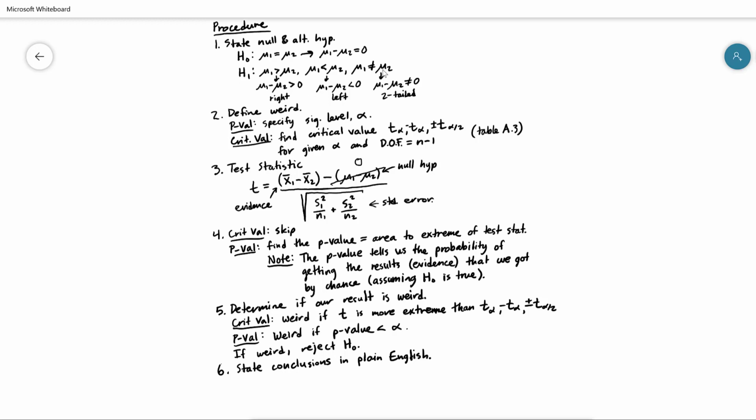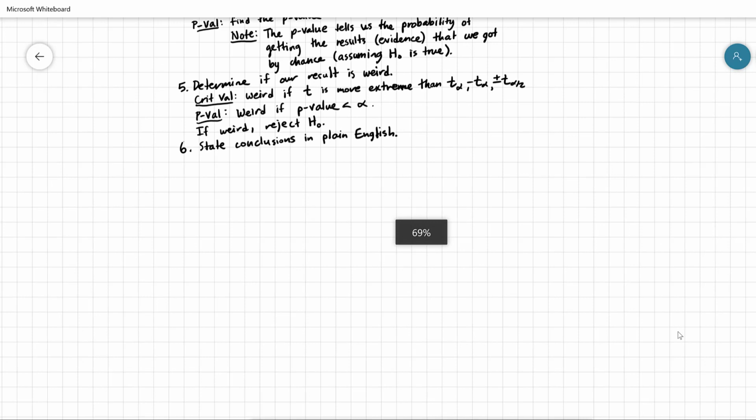Setting up this null and alternate hypothesis are easier now because we aren't comparing stuff to some magic arbitrary number. We have an actual 2 sets of numbers to compare. And this is the other main difference. We have a new formula for the test statistics. So really, these are the only differences. This we've done before, this we've done before, this we've done before, this we've done before. The rest is the same. So let's do an example.